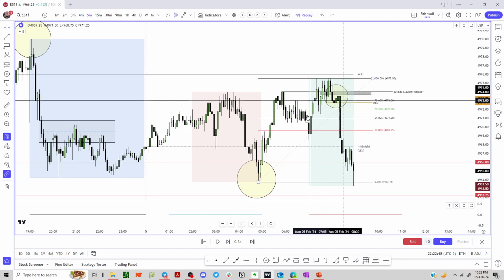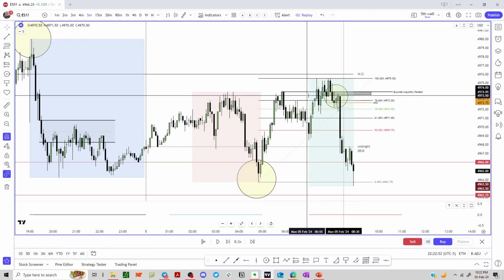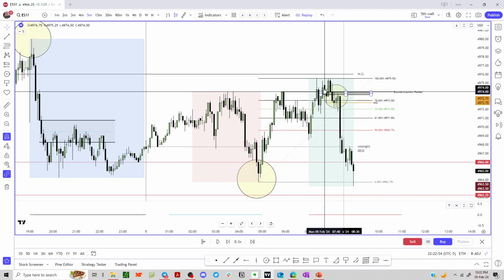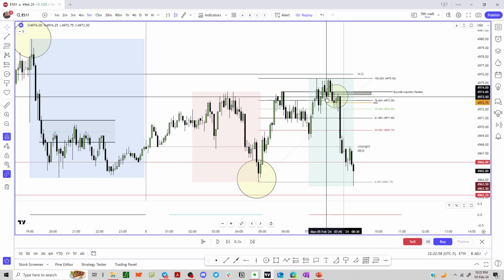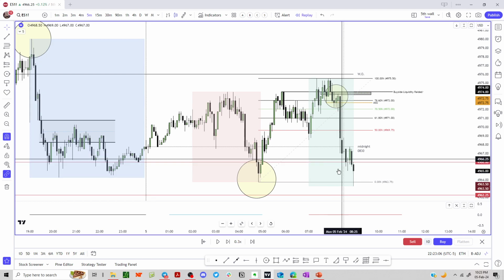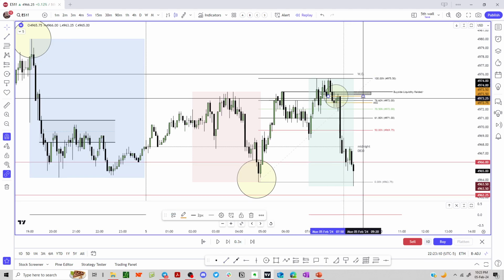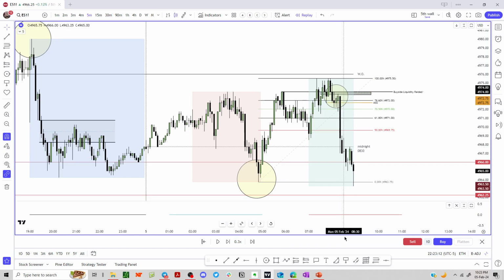So for me, this is a silver bullet trade, and just for conversation's sake, you have a breaker here, bearish breaker, and you have an order block right here. Let's see. Matter of fact, let's use this one.